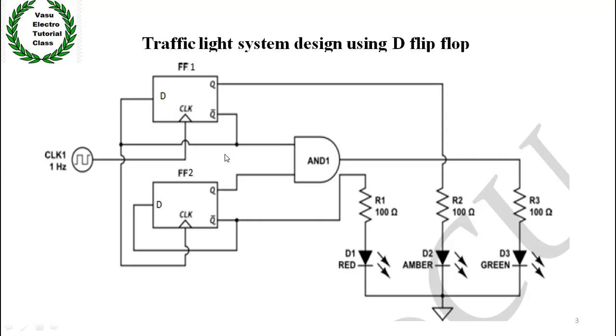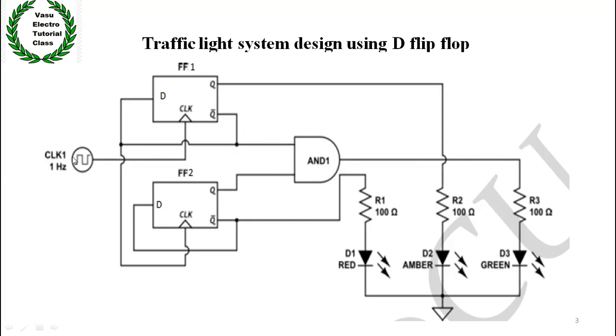After that we take another wire. This one is the Q, which is at pin number 9 in the IC. We take that wire and connect these two wires to the input of the AND gate, and the output of this AND gate is connected to the LED. After that, this one is the clock input.